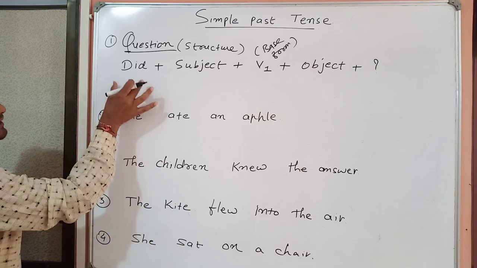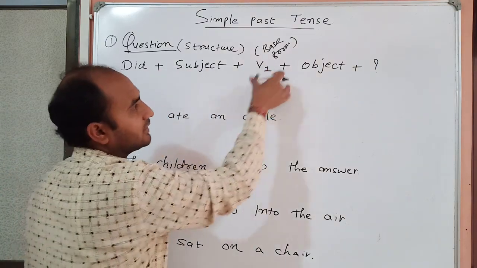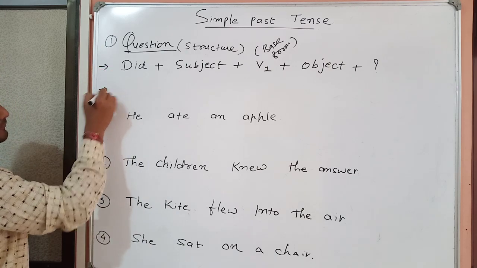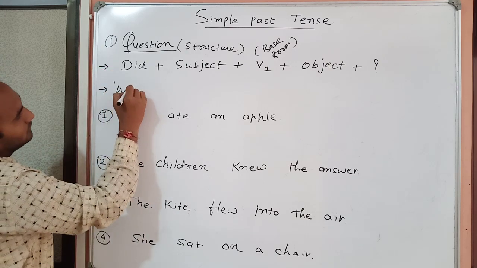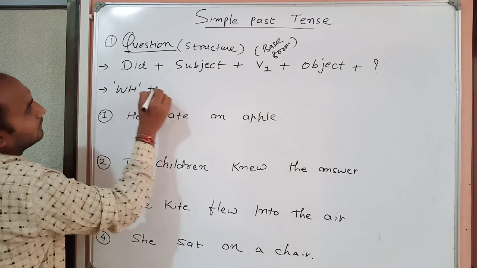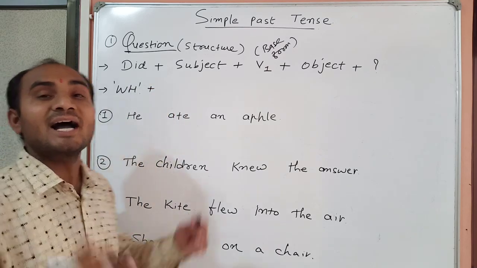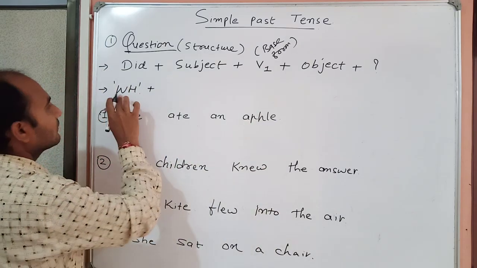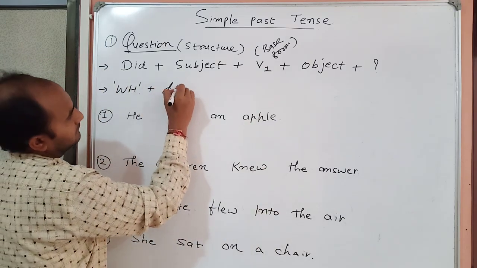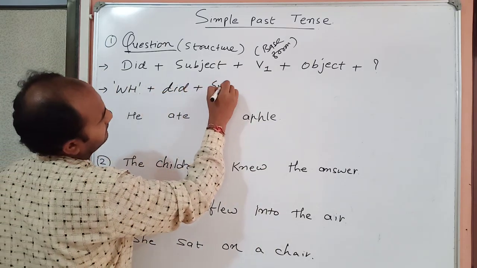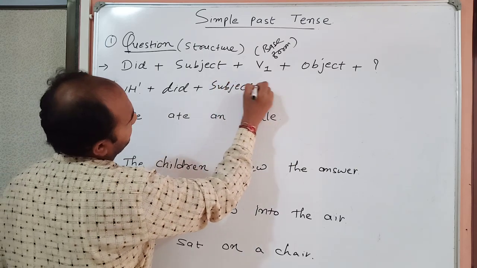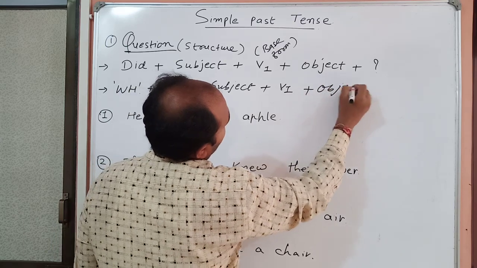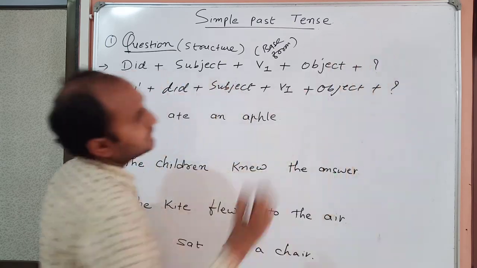So: did plus subject plus V1 plus object plus question mark. And another one, if we want to use WH, meaning what, why, where, when, how many, how much, etc.: WH plus did plus subject plus V1 plus object and then question mark.